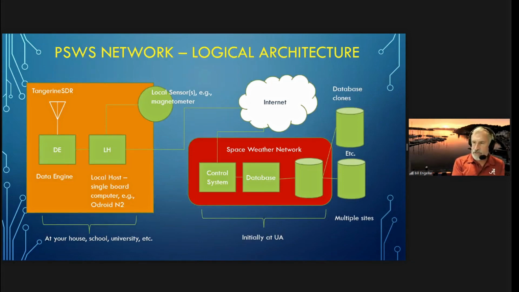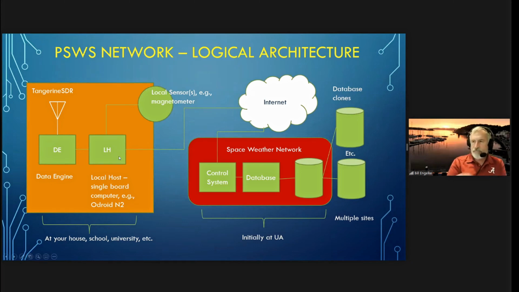On the left, you see the Tangerine software-defined radio, which has two major parts: the data engine that has the radio piece, the clock, and the FPGA that manages getting the signals digitized. And that little block to the right of it is a local host.